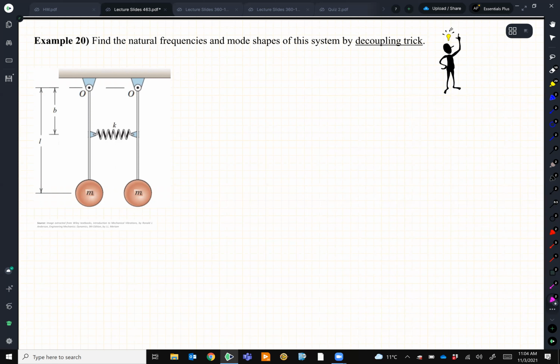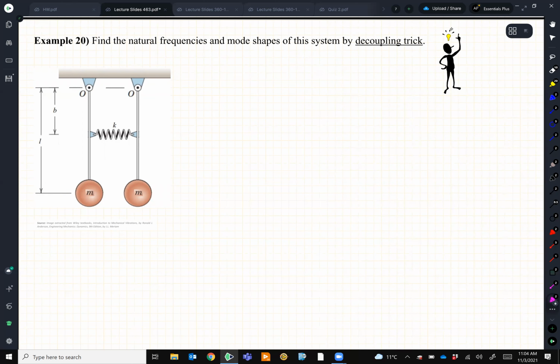So the spring in the middle is not going to have any deflection at all. So it is redundant. And in the second mode, the two pendulums swing left and right in opposite directions.